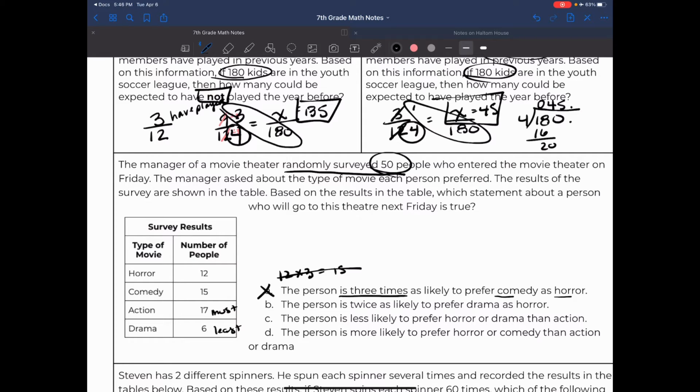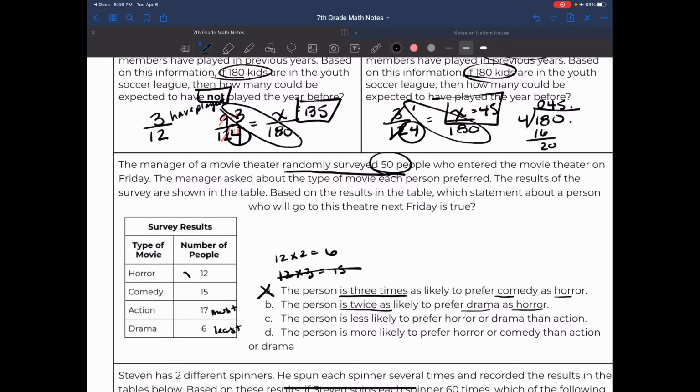Answer choice B. The person is twice as likely to prefer drama as horror. So now looking back at here, are they twice as likely to prefer drama than horror? So is 12 times 2, does that equal 6? Now I need you to pay attention to that because this is twice as likely to prefer drama over horror.